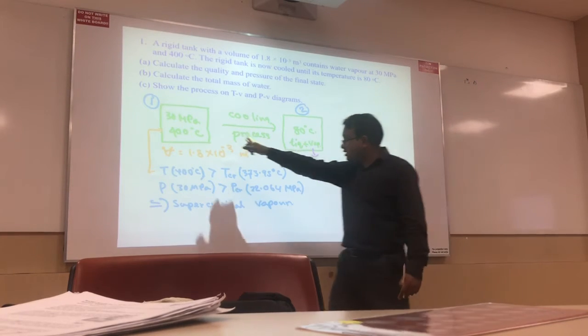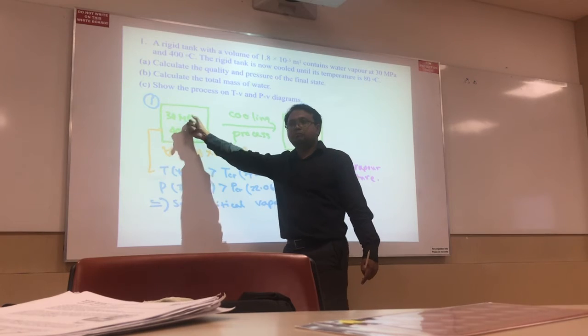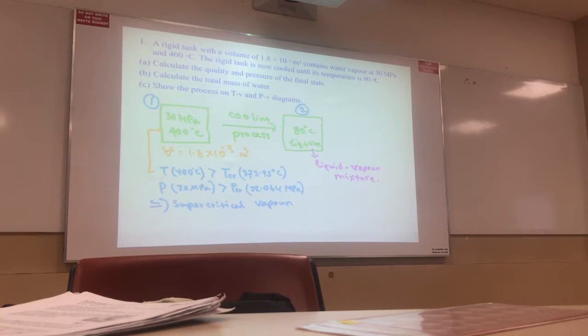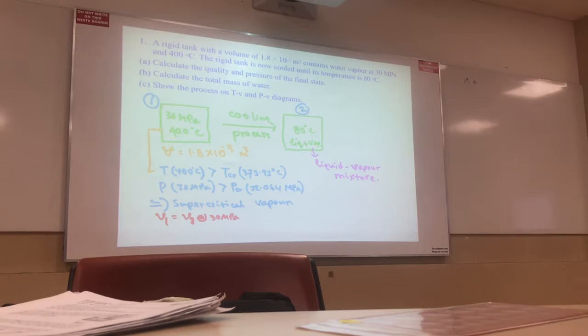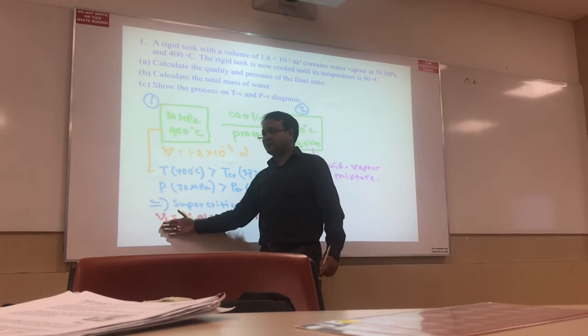Easy. So what is V1? I can find, right? No problem. V1 I can find from where? V1 is equivalent to Vg with respect to 30 megapascal and 400 degrees Celsius, and I can get it from table A6. I just plug this value.